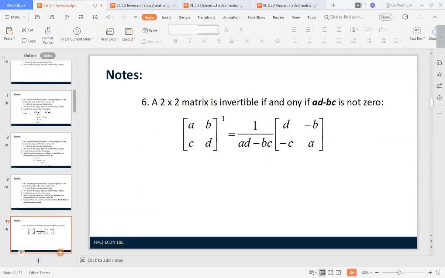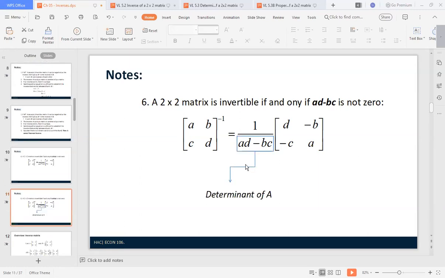Let's go to the sixth one. Note 6. This just tells us that a 2x2 matrix is invertible, or again, you can get an inverse of that matrix, if and only if AD minus BC is not zero. So later on, you will be solving this one, class. This is what we call the determinant. There are different ways to get the determinant, but I plan to reserve that discussion after the reading break.